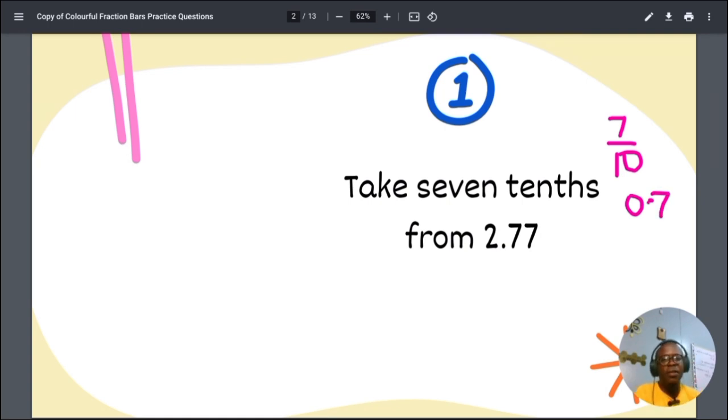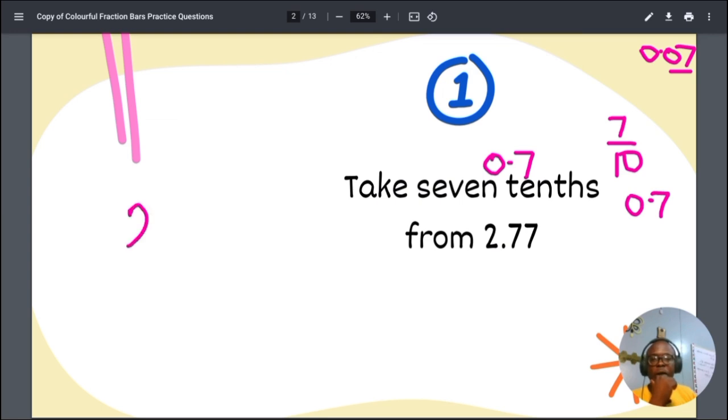If it is 7/100, it's going to be 0.07, two decimal places for two zeros in 100. So we can replace the 7/10 with 0.7, and then we take 0.7 away from 2.77.